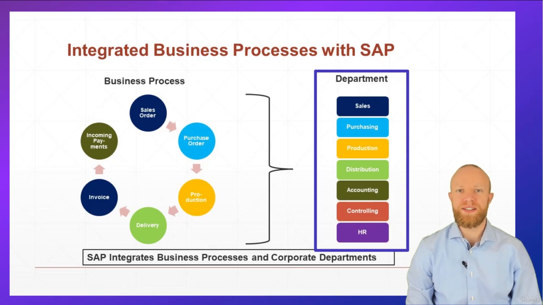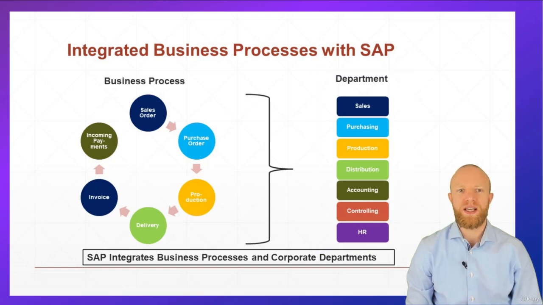Let's start with the organizational departments. The SAP software needs to know how a company is structured, and that structure needs to be mapped into the SAP software. We will go into detail with the mapping of the organizational structure later in this lecture. But before, let's take a look on the left-hand side.